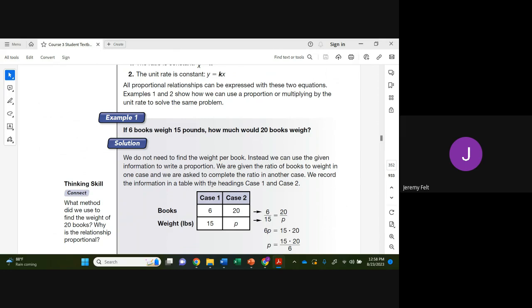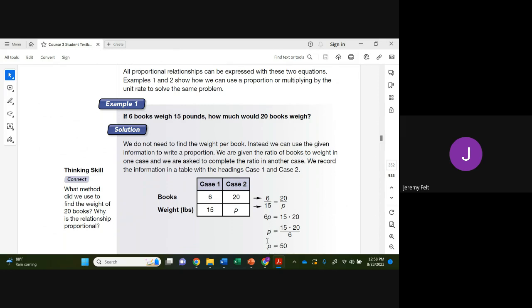Then we set up 6 over 15, and then the 20 needs to be in the same numerator because 6 was, so 20 over P. We cross multiply. 6P equals 15 times 20, which is 300. Okay, and then we divide. So cross multiply and divide. Then we divide both sides by 6, and we get 50 pounds because 300 divided by 6 is 50.